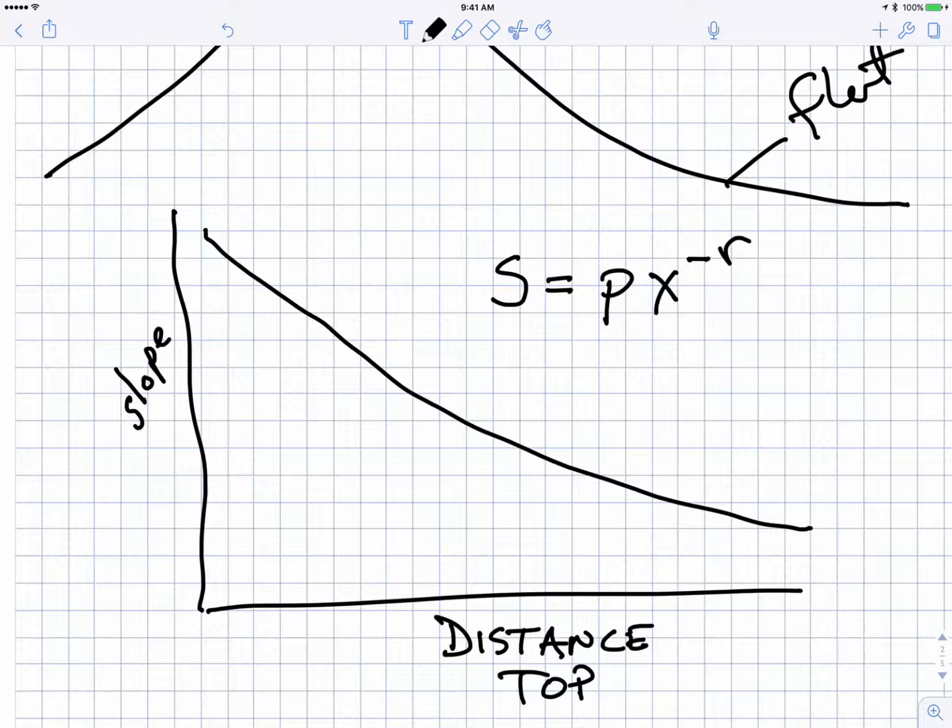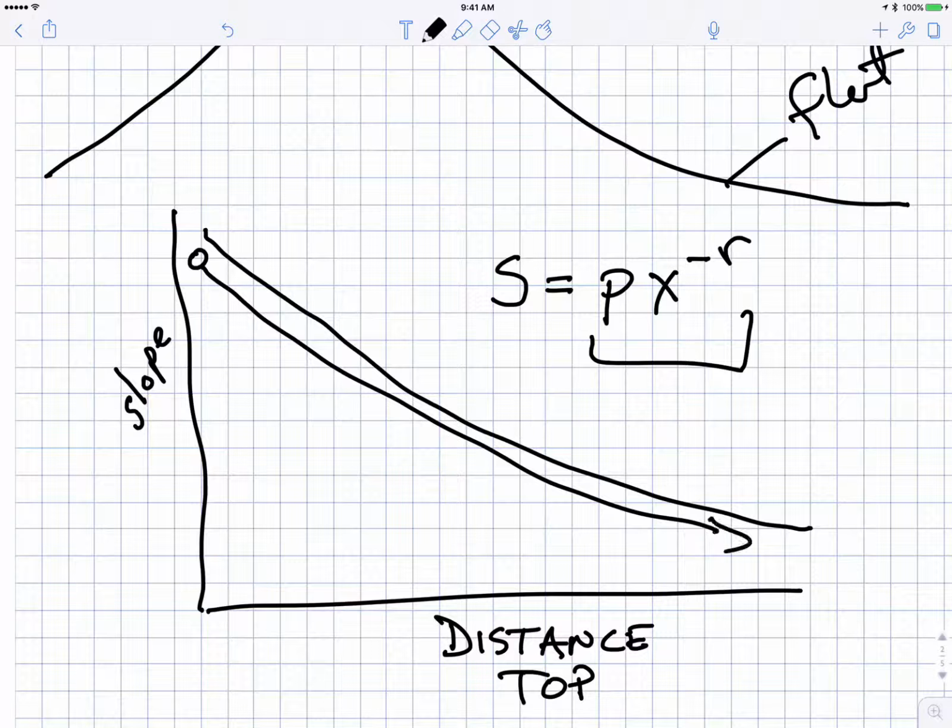That basically says that as x gets bigger, since this is a minus sign, this quantity gets smaller and the slope will get smaller. So as we move from the top of the volcano down, we get a slope that is largest at the top and smallest at the bottom.